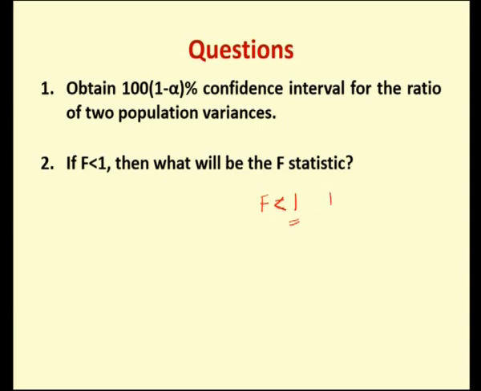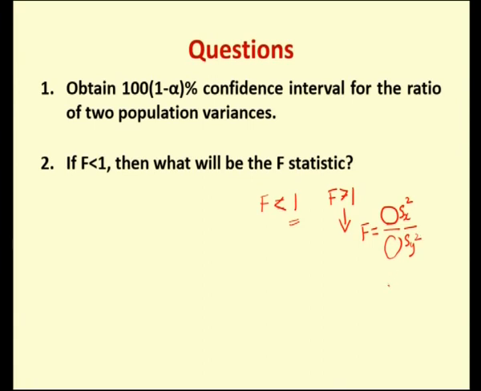Hence, it is necessary for you to make the F value greater than 1. So, to make this value greater than 1, I have said that the F statistic should have the numerator value greater compared to the denominator value, that is the variances, namely Sx squared or S1 squared depending upon the sample, then Sy squared.